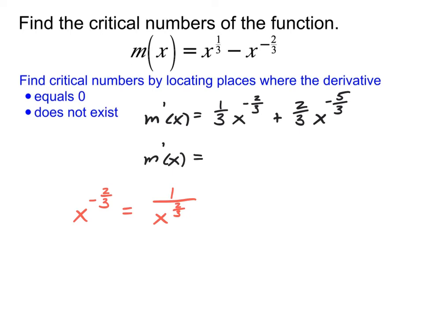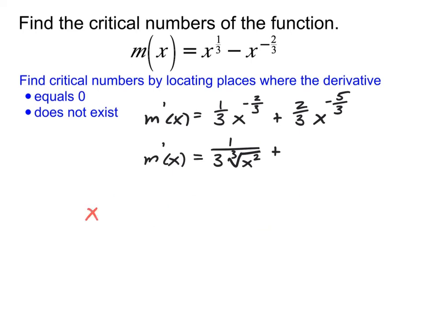But of course x to the 2/3, I can also change that into radical form, and so that would become the cube root of x squared. And so that's the way I'm going to write it up here. So then this first part just becomes 1/3 times 1 over the cube root of x squared. And then do the same thing with the second term as well.